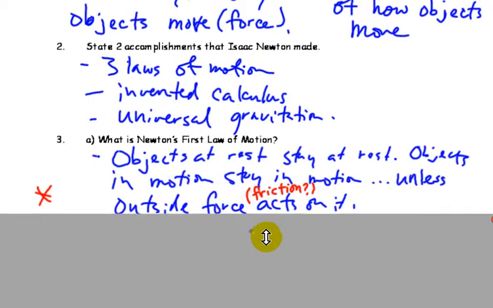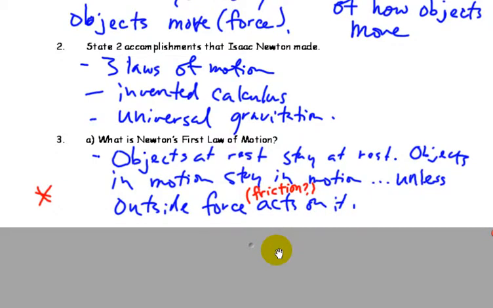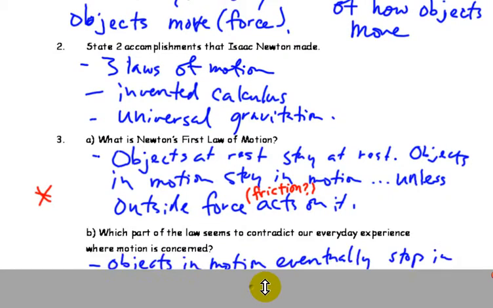Newton's first law of motion. Objects at rest stay at rest. Objects in motion stay in motion unless an outside force acts on it, such as friction. So the first part of this makes sense: if something's at rest, then it stays at rest. But if we push something and it starts to move, it'll stay moving forever unless some other force acts on it, and we usually see that happening because there's friction all around us.